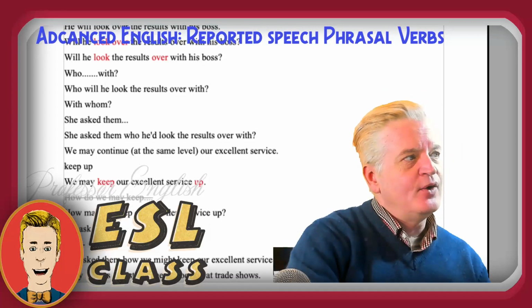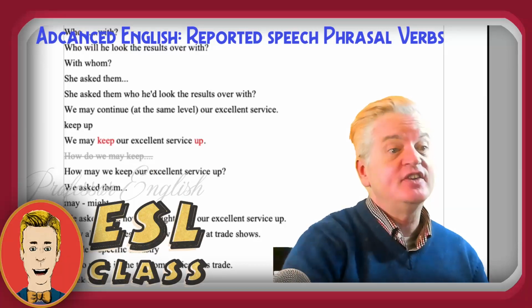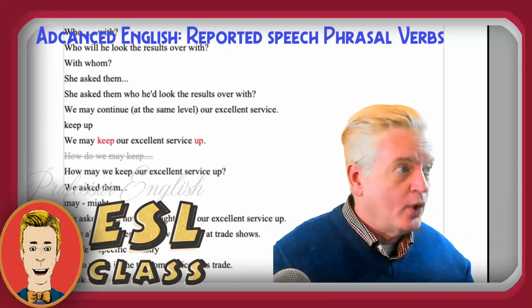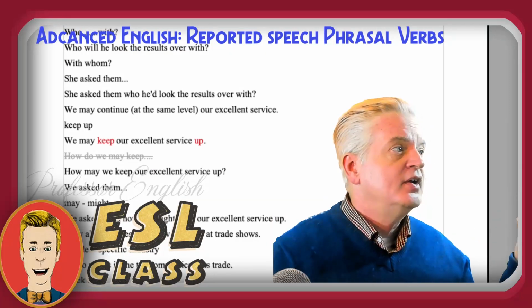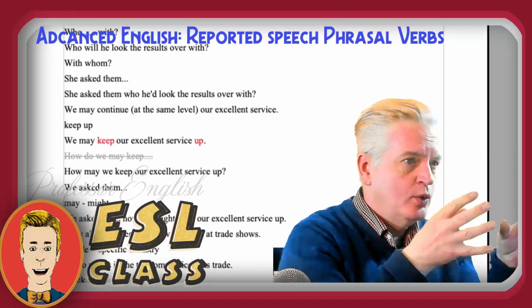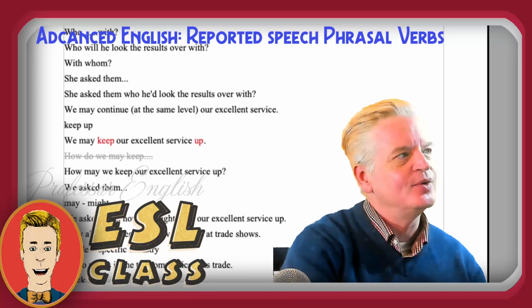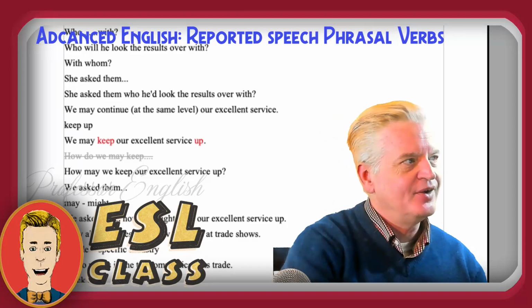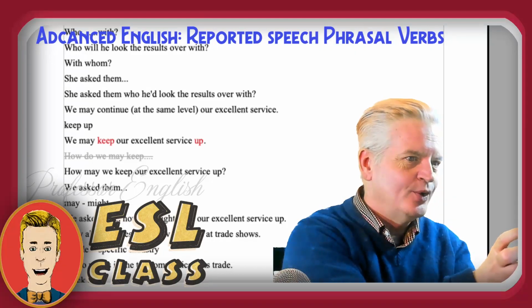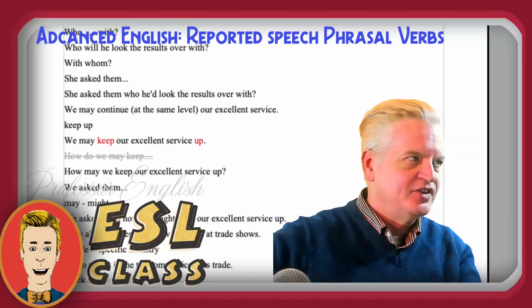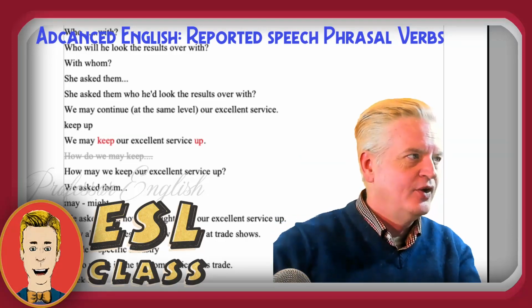Okay, now since we answered no, no, he won't look the results over with his boss, let's make a who, with question. You can see here on the screen how this should look. So we start with the question word who, and we're going to finish our question with the word with.